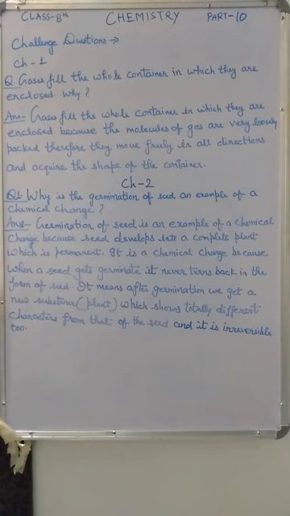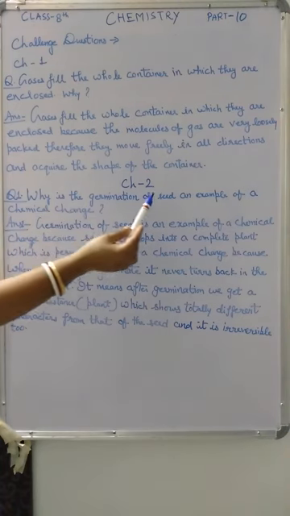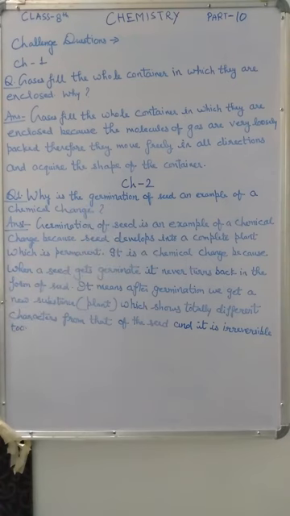Now in chapter 2, your first question is, why is the germination of seed an example of a chemical change? I am explaining to you that germination of seed is an example of chemical change because after germination we are getting a new plant that is totally different from the seed.